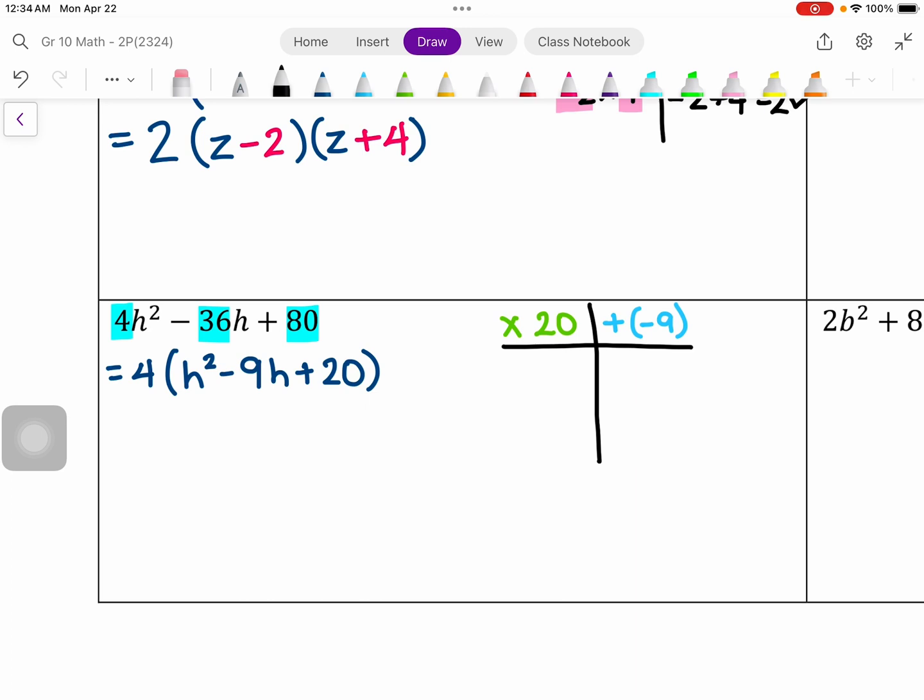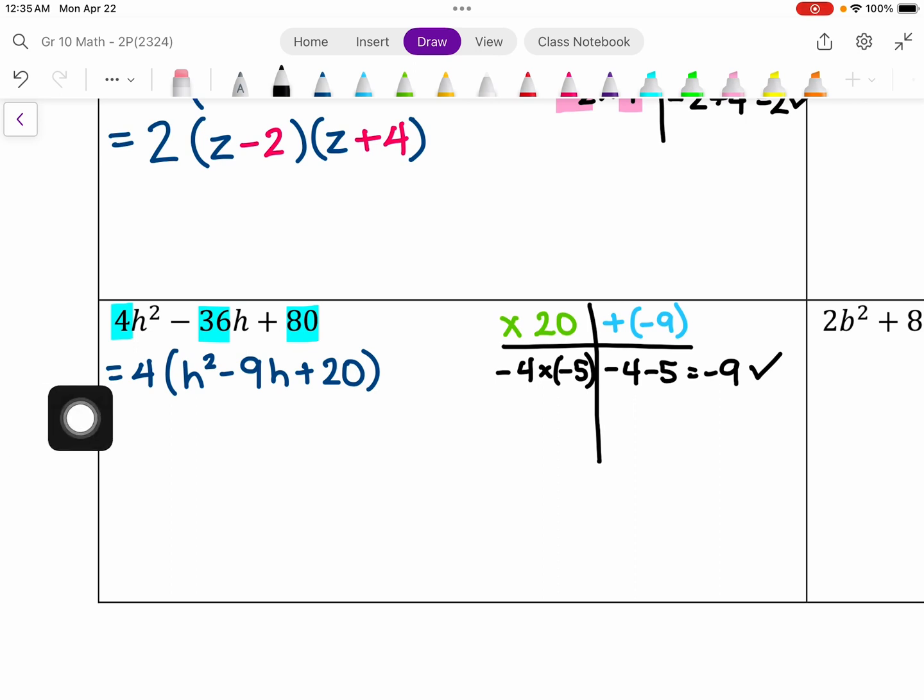So 4 and 5 multiply to 20. They also add to 9. And if they are both negative, negative 4 times negative 5, and negative 4 minus 5 is equal to negative 9. So that is the correct set of factors here.